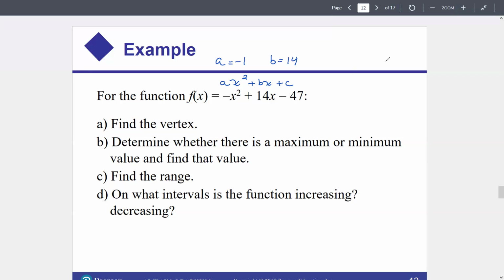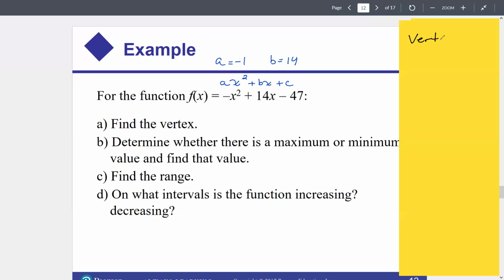So if we were to do vertex, we'll do it all over here, we'll make a nice yellow box for it. So remember, what we're going to try to figure out is the x coordinate first, which should be at -b over 2a.